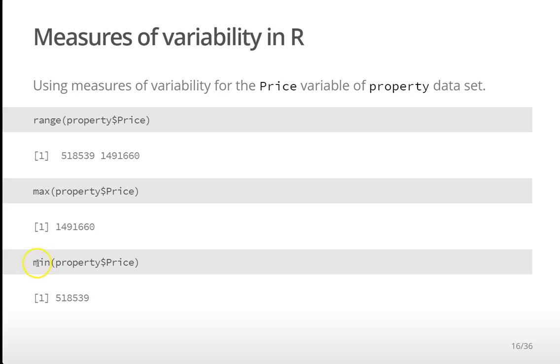In the same way, I can tell it I need the minimum of the price column from property data, and it's going to tell me it's $500,000. If you compare the minimum and maximum with the output of the range, you can see this number is equal to this number.